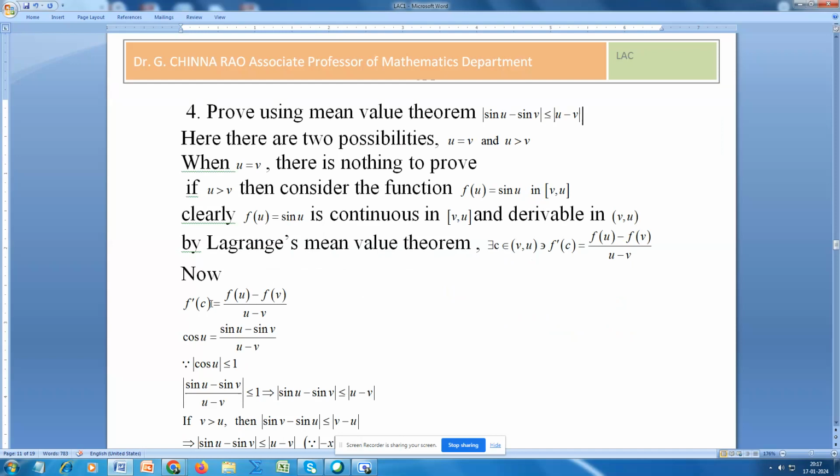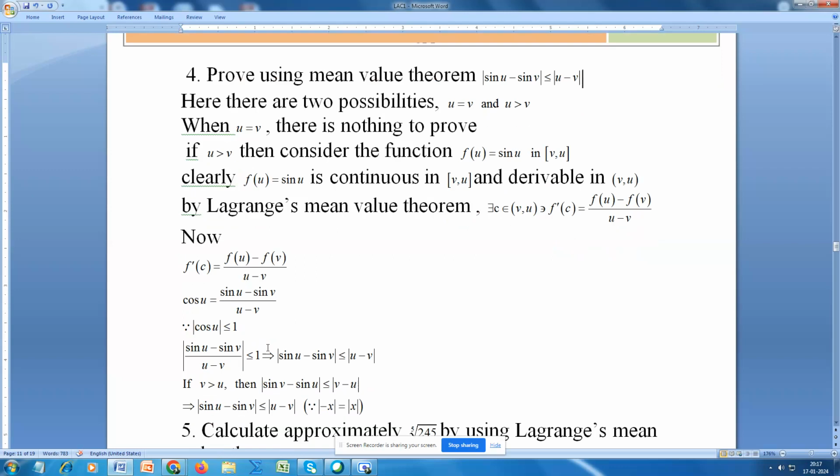Now you write this relation and find c. F dash c, f of u is sin u, derivative of sin u is cos u, so cos c is sin u minus sin v by u minus v. Since cos c lies between minus 1 and 1, that is modulus cos c less than or equal to 1.